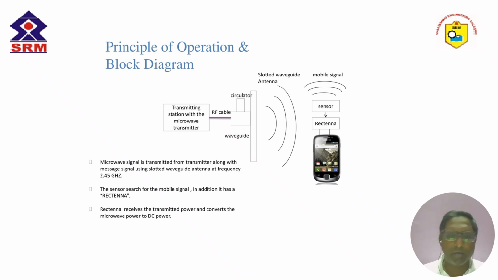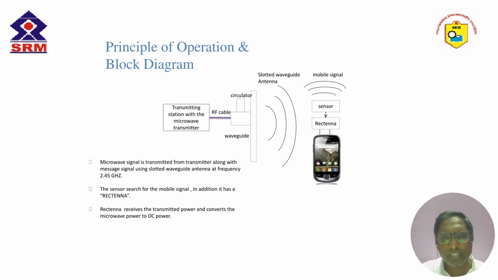Next, the block diagram of microwave frequency and its operation, I mean the principle of operation. Here, the transmitting station with the microwave transmitter is connected to the waveguide with the help of an RF cable, and the circulator is also connected to the waveguide. The waveguide has an antenna, which is a slotted waveguide antenna.